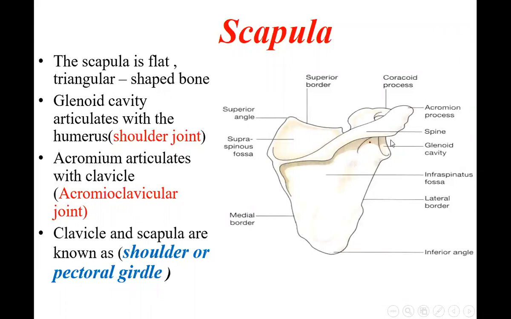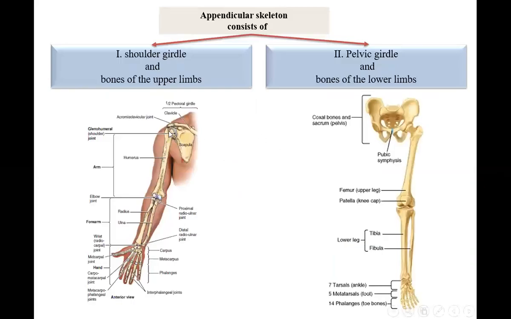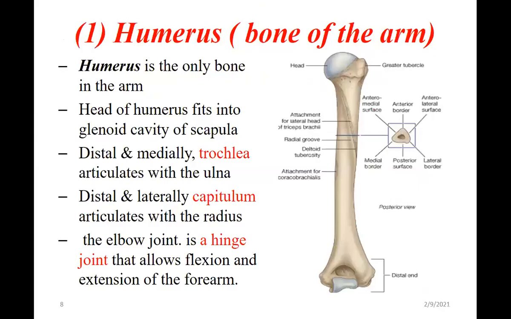This is the glenoid cavity. If you go back to the picture, you will see that the head of the humerus, which is round like a ball, is fitting into the socket called the glenoid cavity, and this joint is called the ball and socket type of joint.